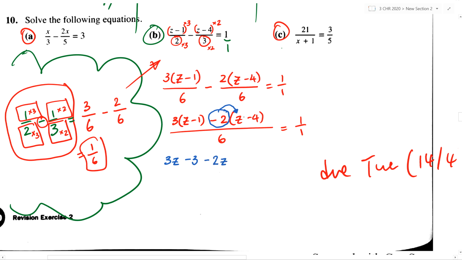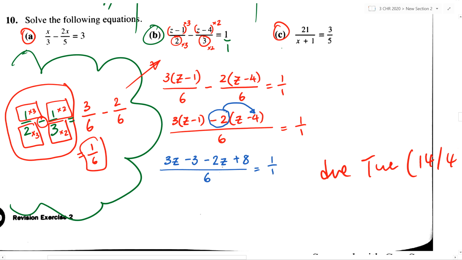So negative 2 times z is negative 2z. Next, negative 2 multiplied by negative 4. So instead of a negative over here, it is going to become positive 8. You can use your calculator, take negative 2 times negative 4, you will get positive 8. All this is over 6. And this is 1 over 1 still.